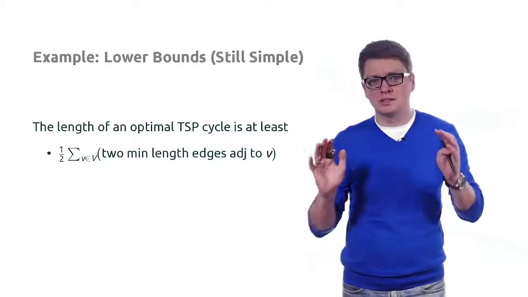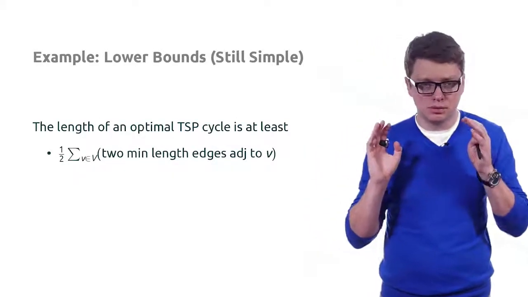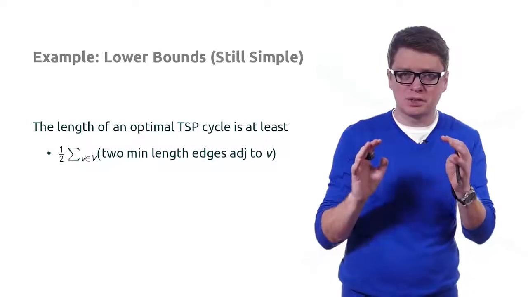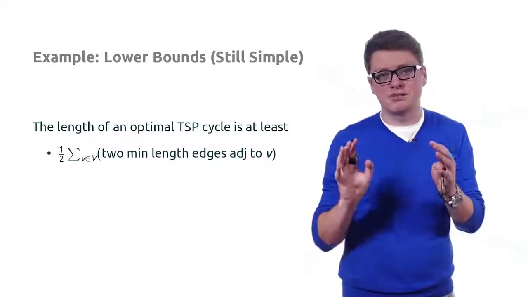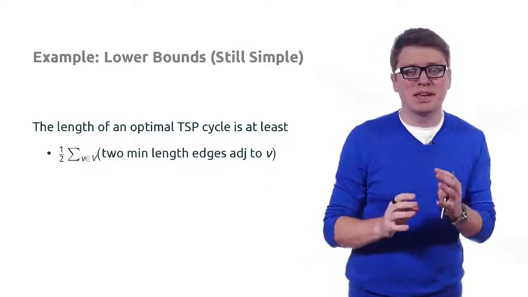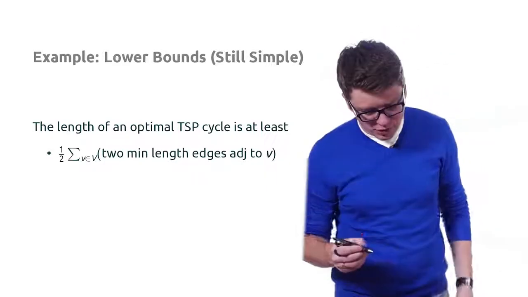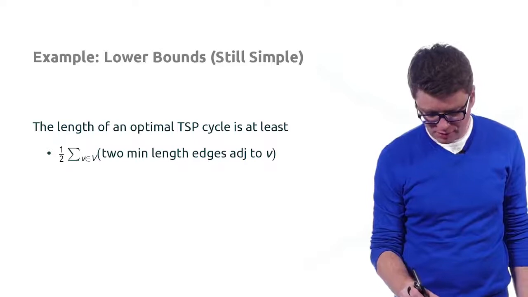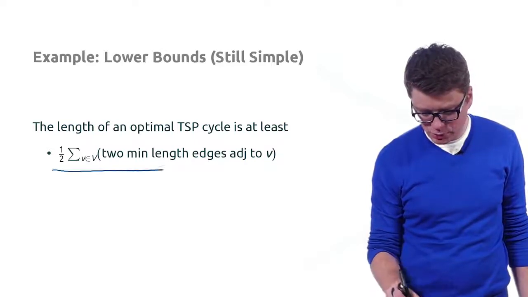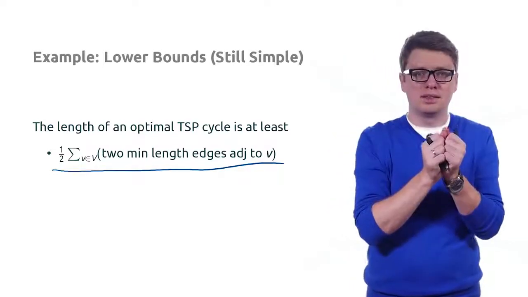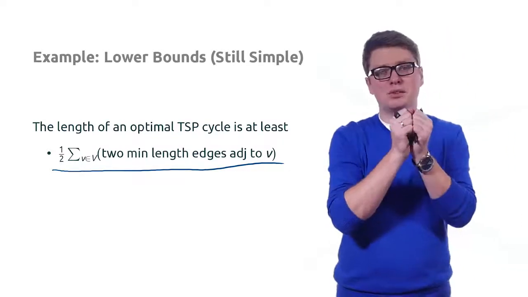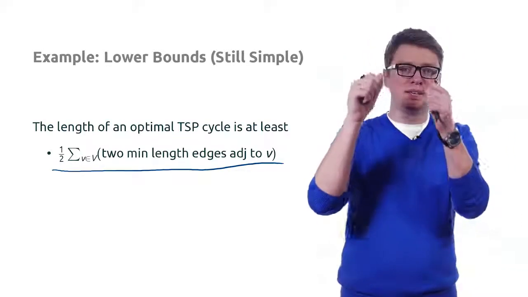So imagine that we have a graph and we would like to compute quickly some lower bound on the length of the optimal TSP cycle in this graph. The first approach tells us that we can compute the following quantity. For every node in this graph, we take two incident edges.